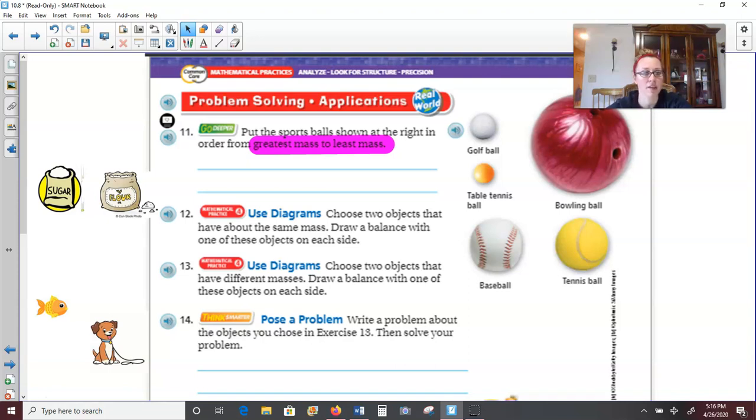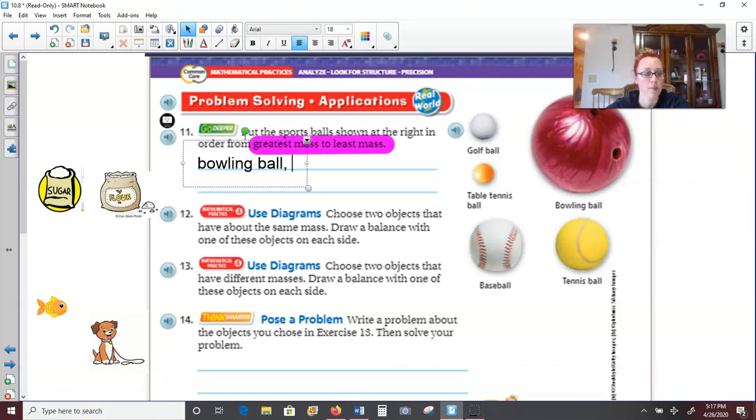Baseballs can be heavy, but certainly not as heavy as a bowling ball. Otherwise, your bat would break every time you would swing and hit the ball. And then a tennis ball, I have played tennis before, so I know tennis balls are not as heavy as bowling balls either. So the bowling ball would be the heaviest in its mass.